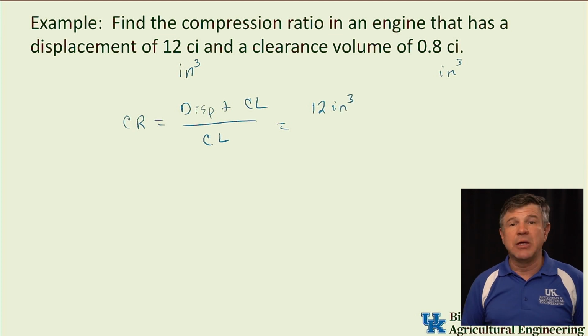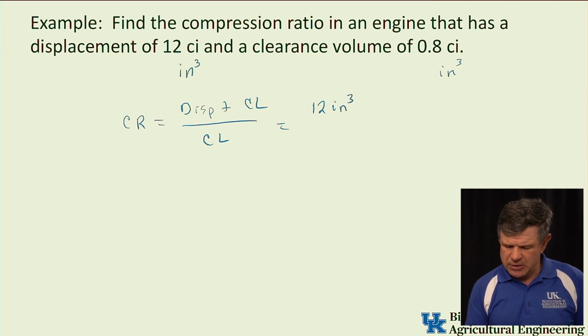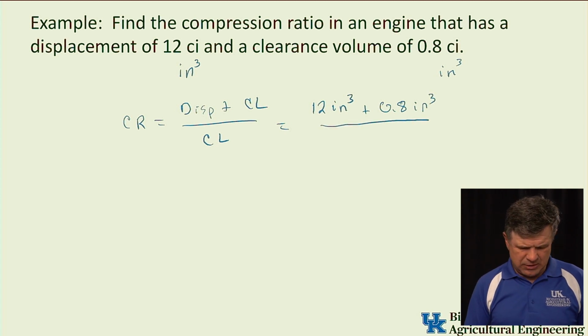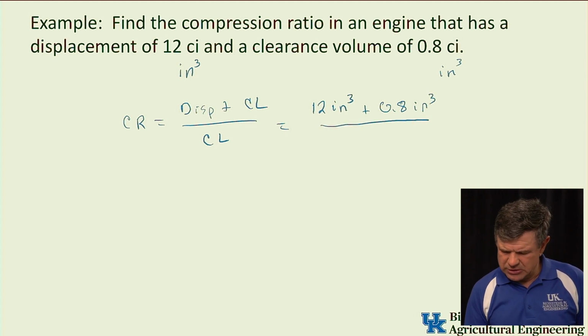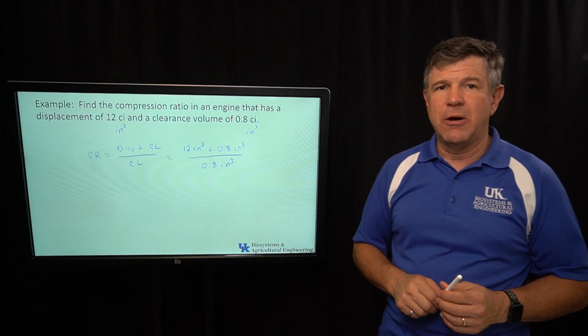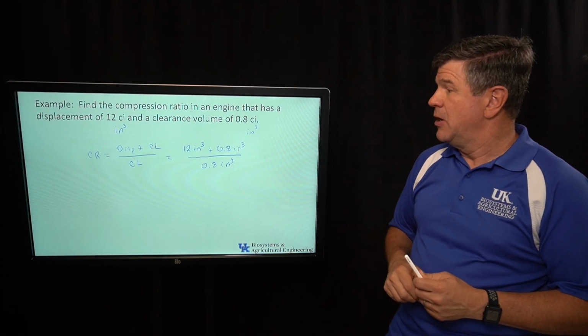Keep my units with me. 12 cubic inches plus my clearance volume is 0.8 cubic inches divided by the clearance volume, which is 0.8 cubic inches.